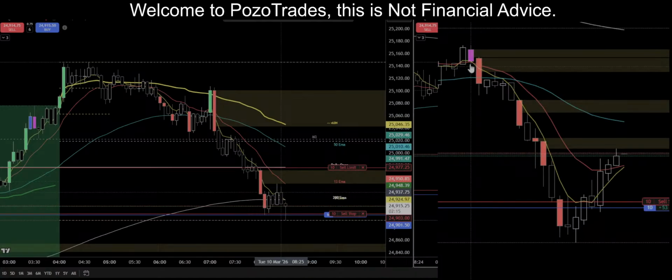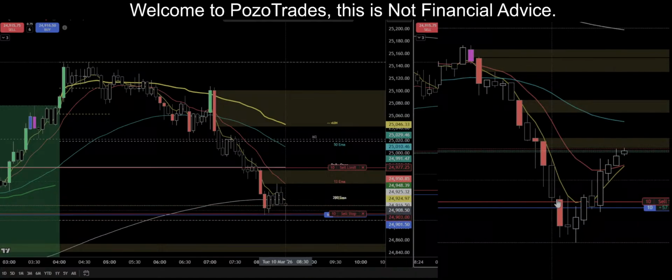So notice as we push down, we had a lot of vectors showing up at the lows.